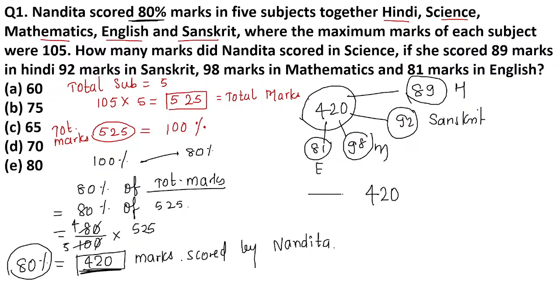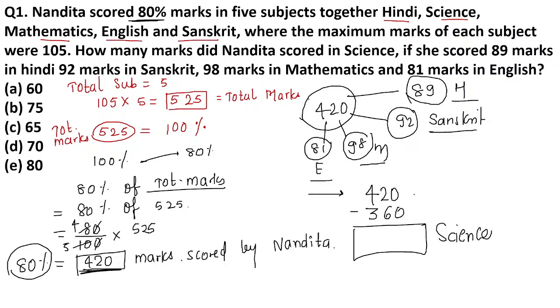So if I do 420 minus 360, I'll get the marks in science. Her score in English plus maths plus Sanskrit plus Hindi, if I subtract it from the total marks, I'll get the marks in science, that is equal to 60 marks. So she scored 60 marks in science.